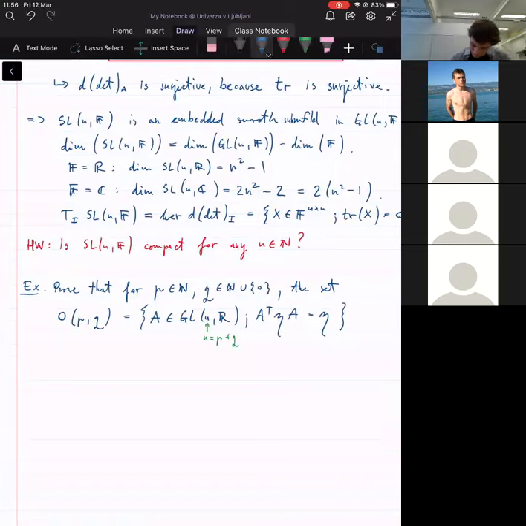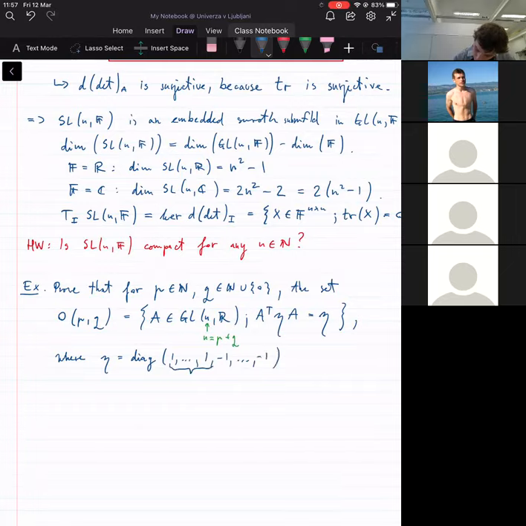And so let me write where eta is equal to the diagonal matrix 1, comma, dots, comma, 1, and minus 1.